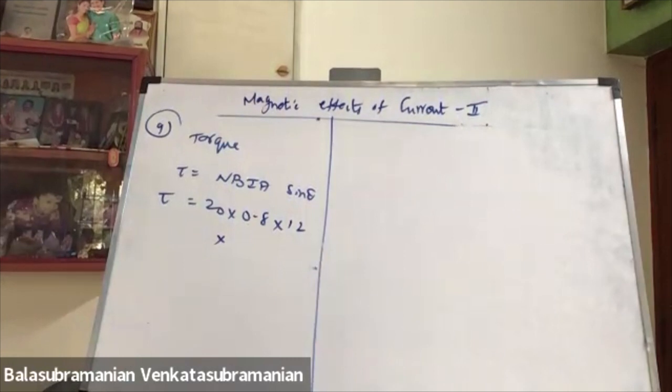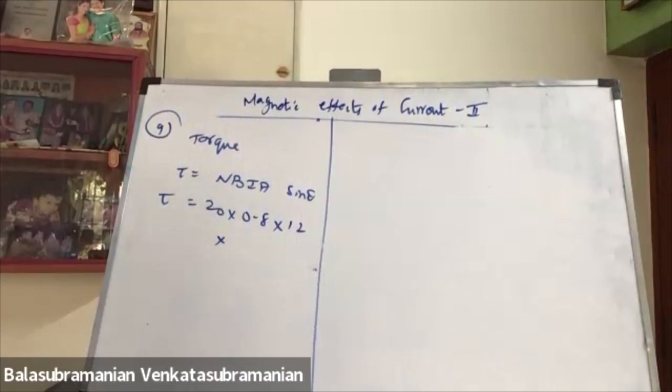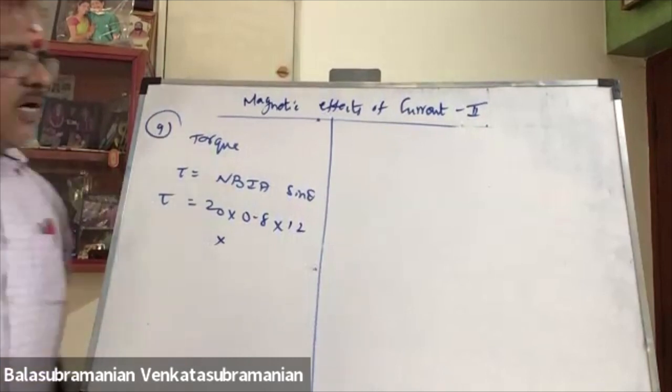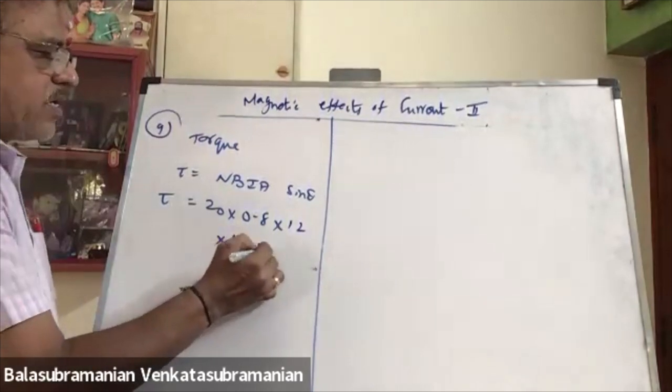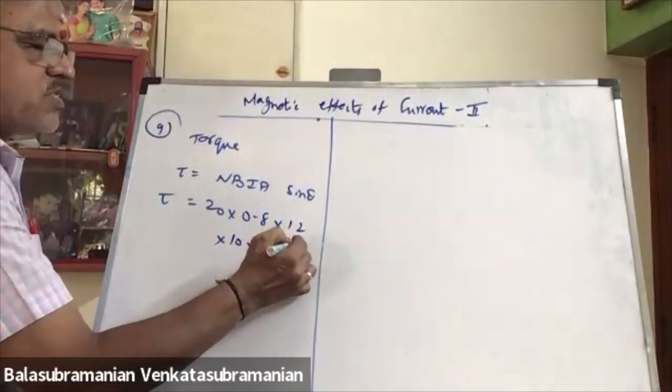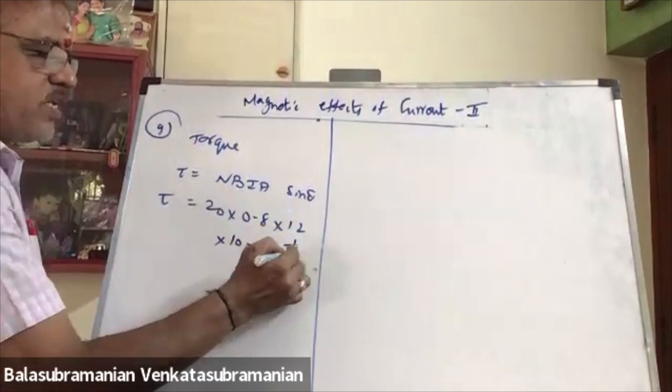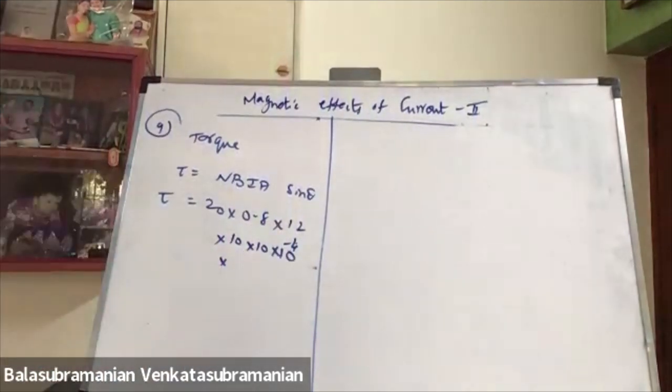And the side of the square coil 10 centimeter. Area is side into side, 10 into 10 into 10 power minus 2 minus 2, so minus 4. Angle subtended 30 degree. So sin 30.